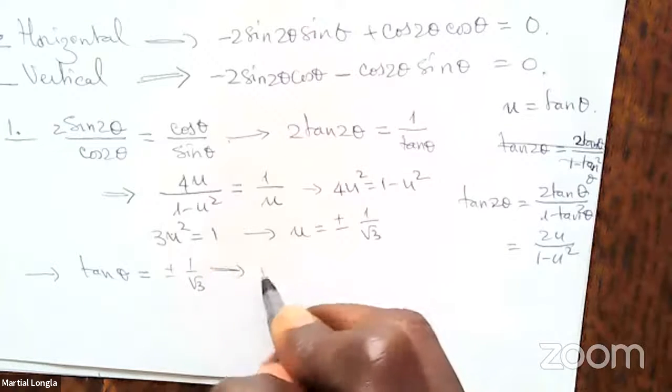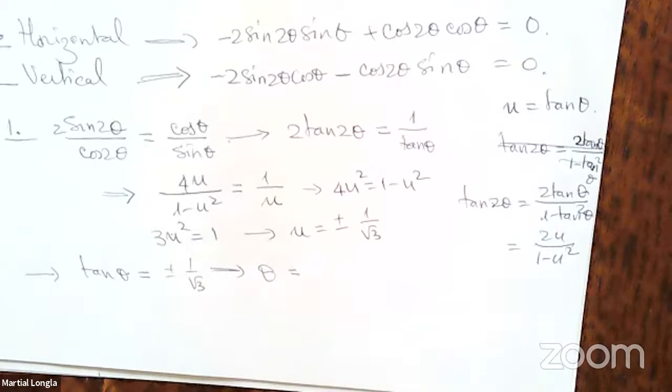What's the angle that has tangent 1 over root 3?